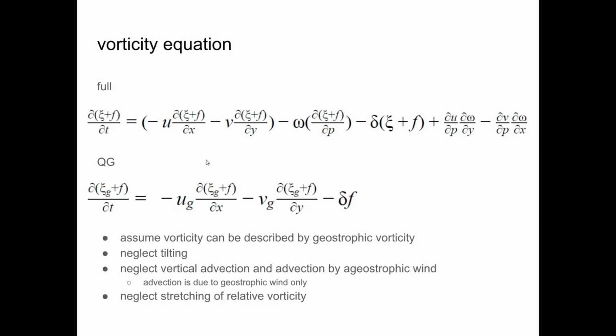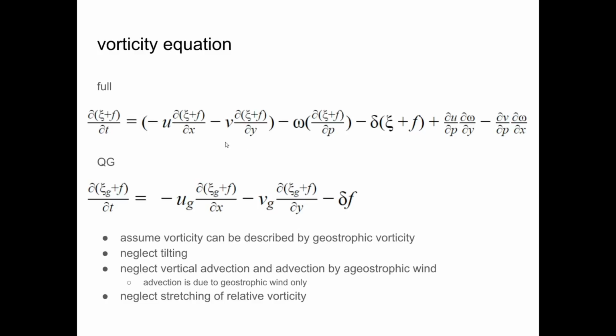So if we make this approximation, it changes the vorticity equation. The full vorticity equation is shown in the first line. We're looking at zeta plus f, the absolute vorticity, and how it changes with time. There's horizontal advection. Notice that it's minus u d by dx minus v d by dy.